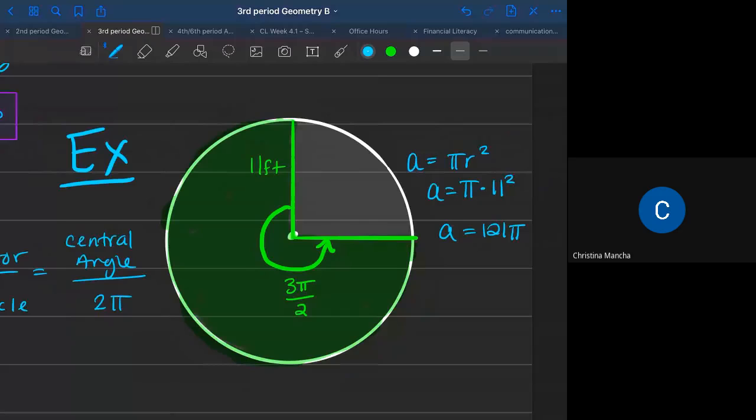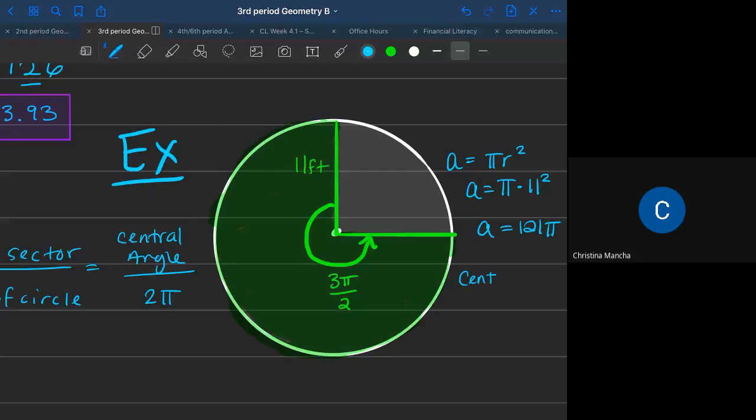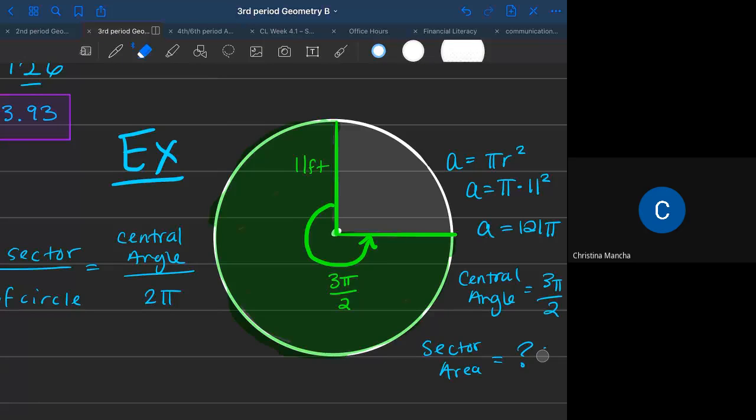The central angle, in this case, is 3 pi over 2. And the sector area is what we're looking for. So we're going to call that x. We don't know it, and that's why we're going to call it x.